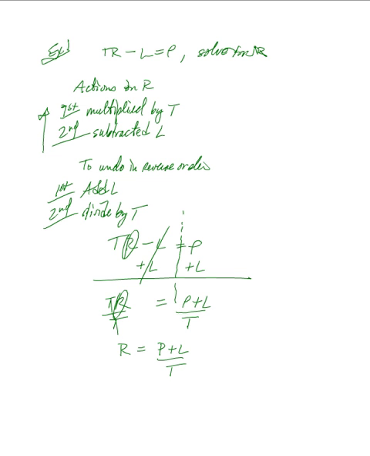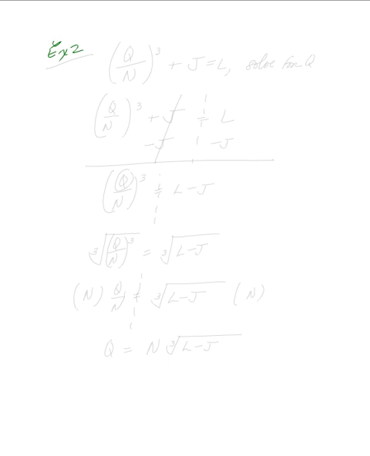Let's take a look at our second example. So in this one, we'll step it up a bit. Q divided by n cubed plus j equals L. And suppose you're asked to solve for Q. Alright, so again, I never pay attention to anything on the other side of the equal sign. So I have Q over n cubed plus j equals L. I think of my little dividing line.